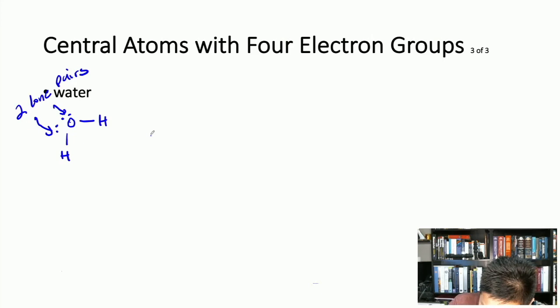We'll do this by having our oxygen right there, and then same thing as before. This time there's a hydrogen there, and there's a hydrogen there, and then there's a lone pair over here, and a lone pair over here, right?